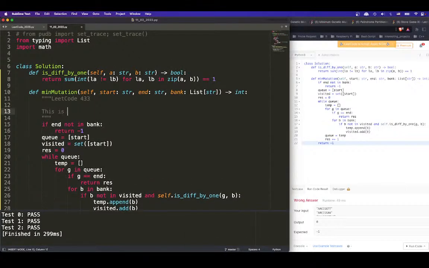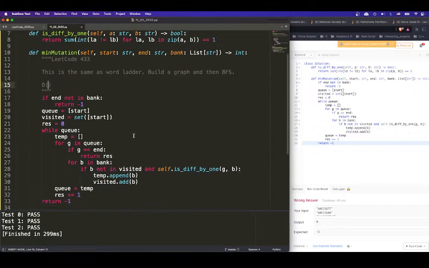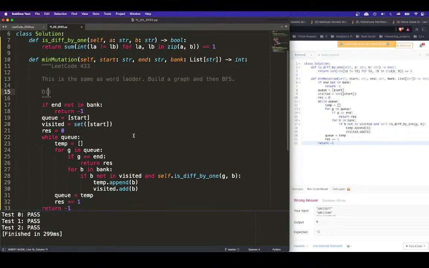This is the same as word ladder. Build a graph and then BFS. O(N), right? Because everything is visited once.